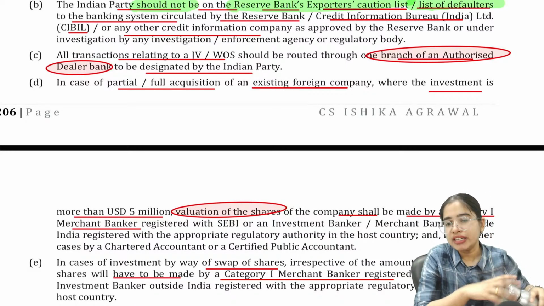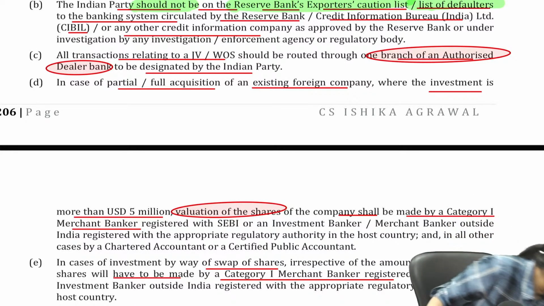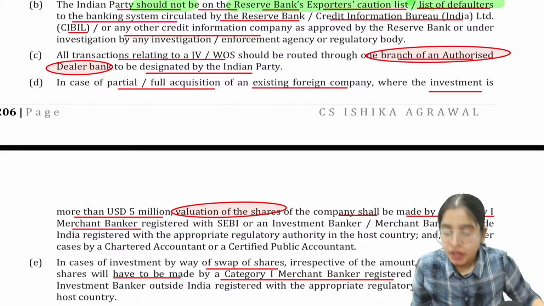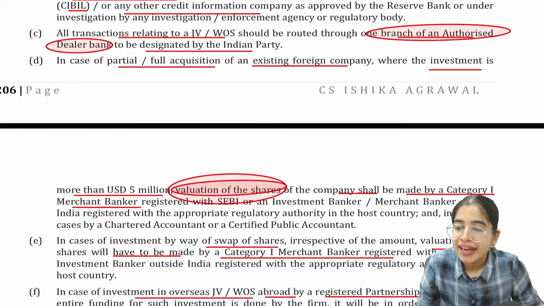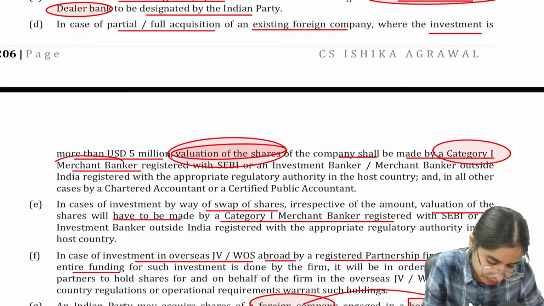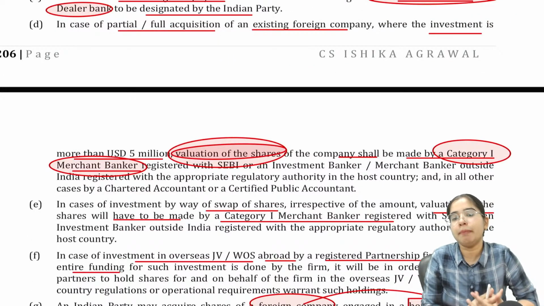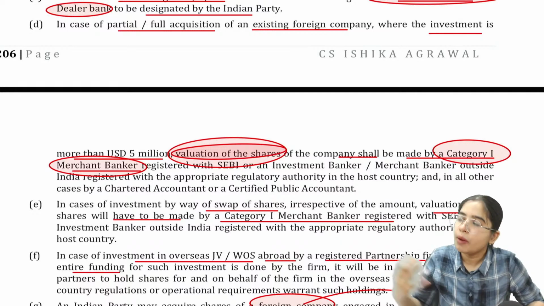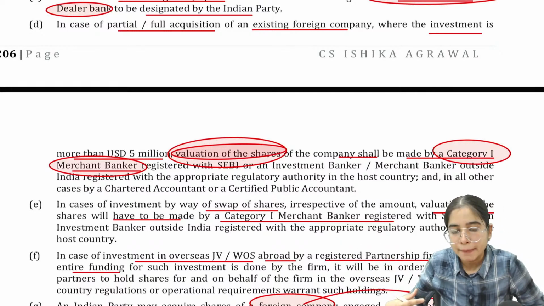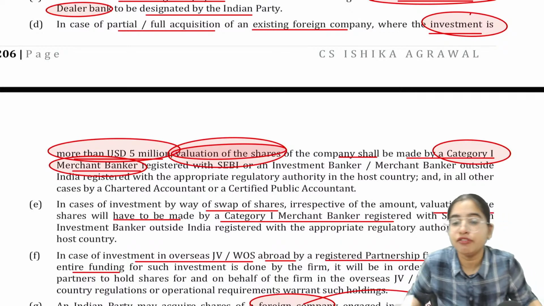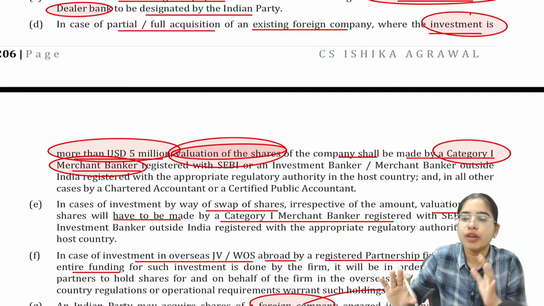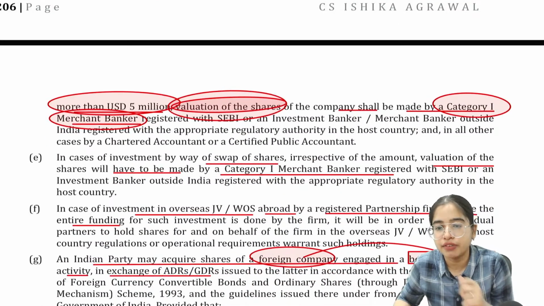So here one point is given that if you are making participation in the equity share, then you have to get your equity shares valued by a category 1 merchant banker. Okay, so whenever you are purchasing the equity shares of a foreign company, and that too the investment value is more than 5 million US dollar, then you have to get the shares valued by the category 1 merchant banker.